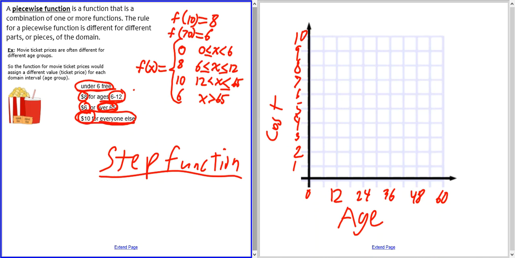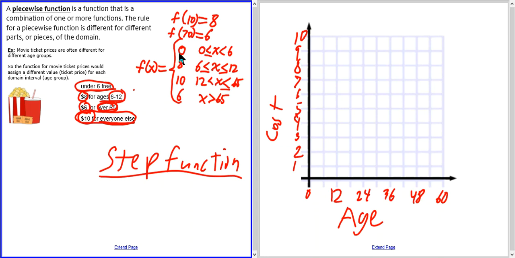So basically what we're going to do to graph is graph each piece over its domain. The first piece is from x equals 0 to 6, and the value of the function is 0.